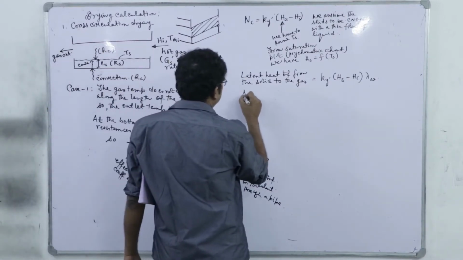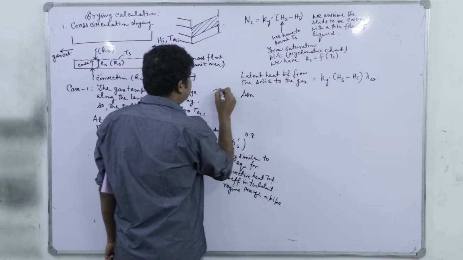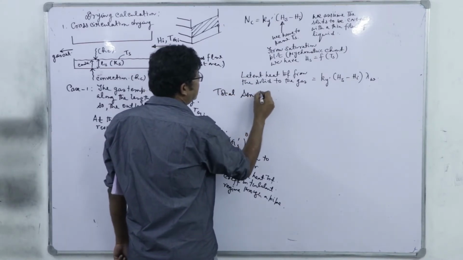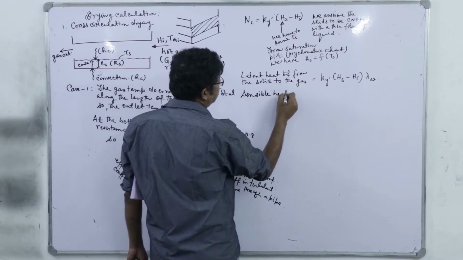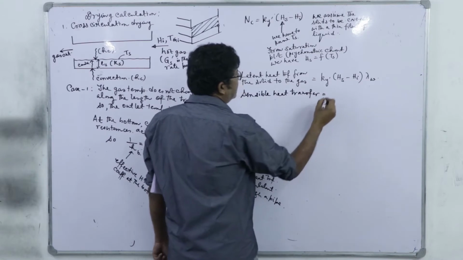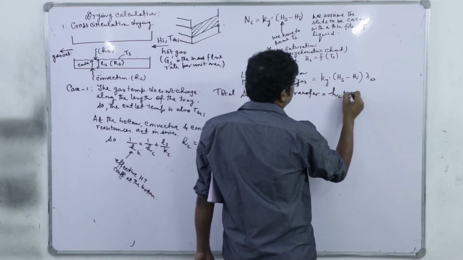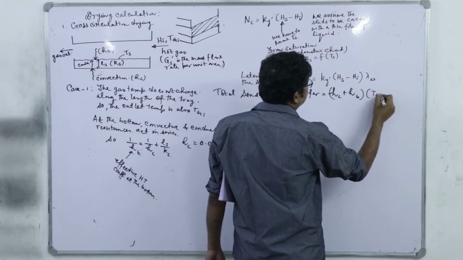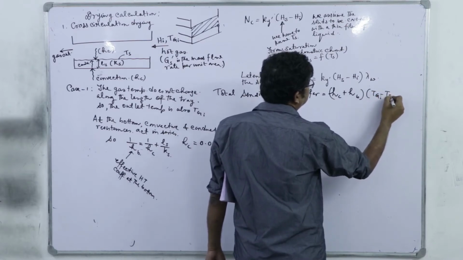So, overall the total sensible heat transfer is equal to Hc plus Hb into Tgi minus Ts.